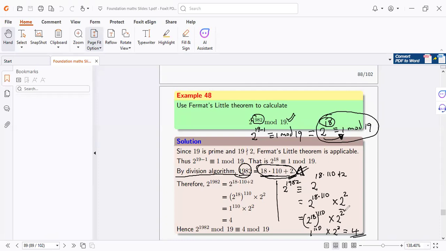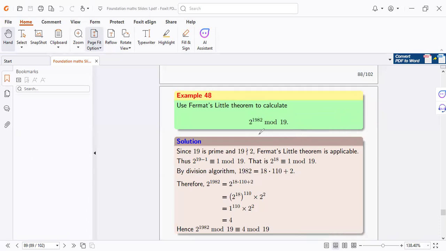The rest, this other part, has given us 1 each time. So what we are only left with is this remainder, 2, as the power here. This power here was the remainder. So let me just clear this and show you how I would have done it easily.